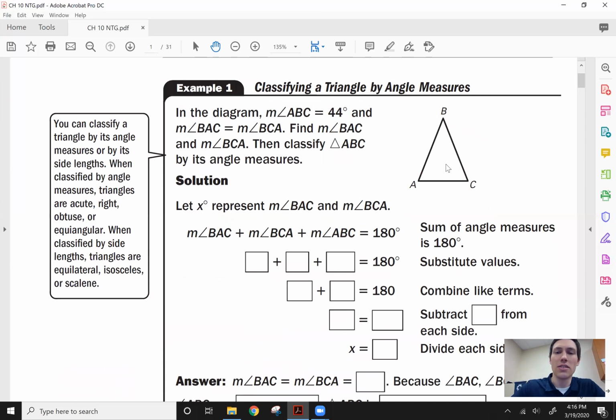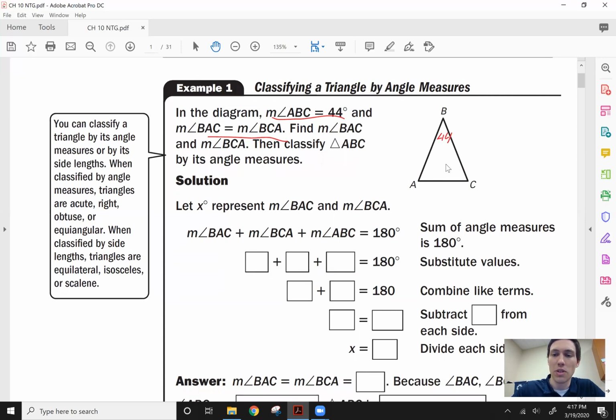Now here it says measure of angle ABC. That is 44. And then it says BCA equals BAC.